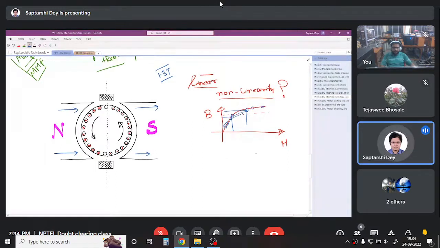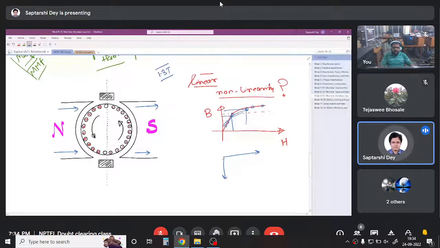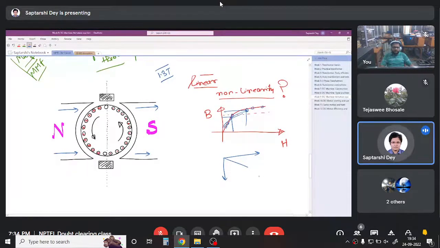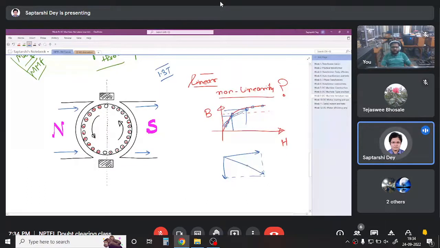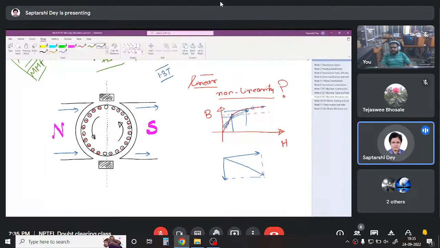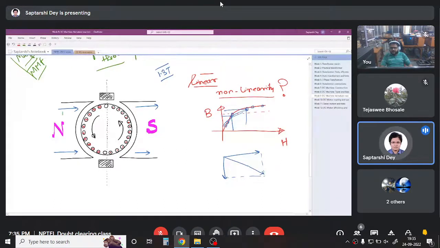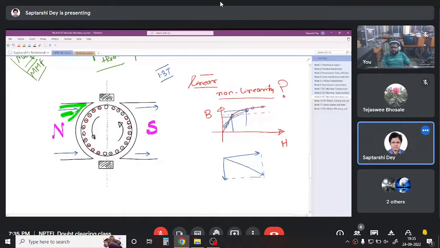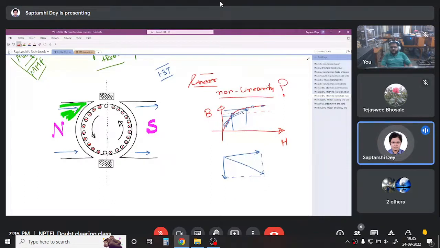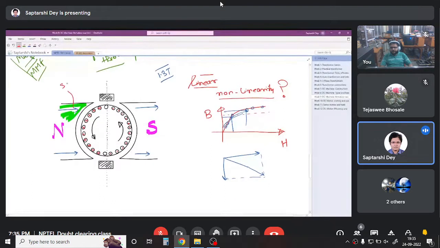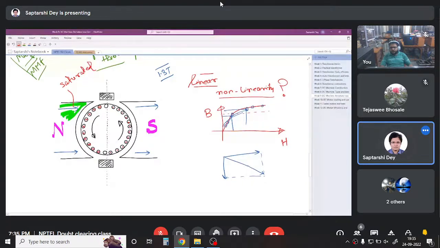You see, when we have two vectors, one like this, other like this, you add up, the overall effect is not changed. But here we cannot add up like this. Why? Because as soon as we have a strengthening here, the iron at this part gets saturated.